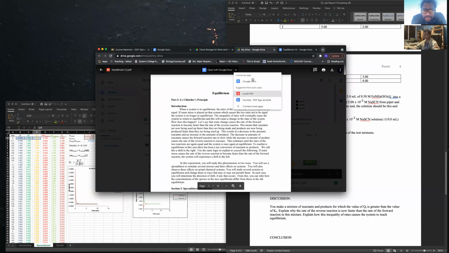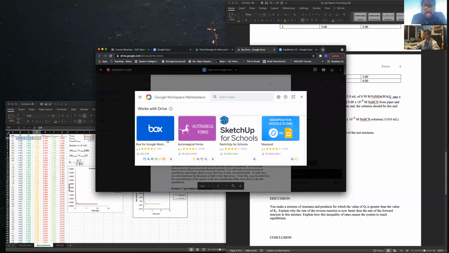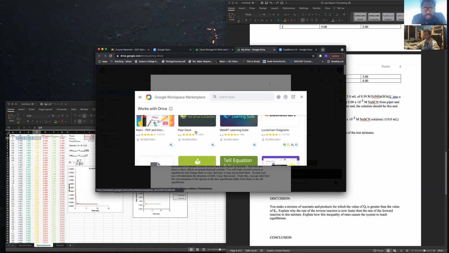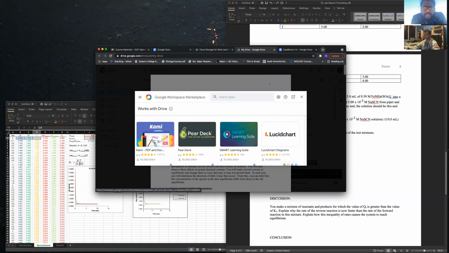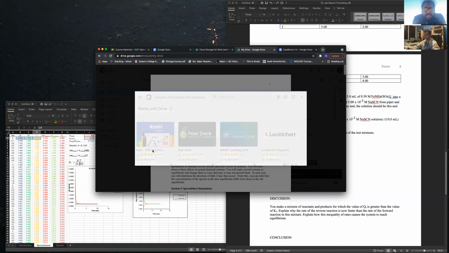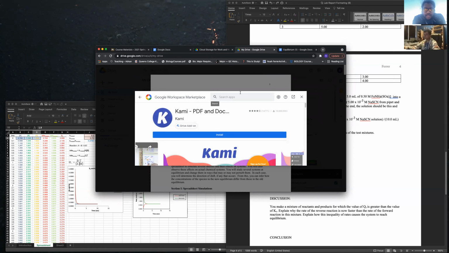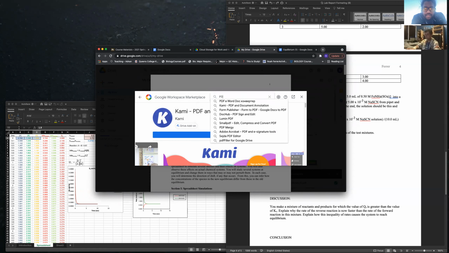Yeah, there's like connect more apps or whatever. Maybe there's something that's like a PDF converting app. Try looking for PDF convert in the search apps. I don't know if that does it, but you can look like PDF convert, like yeah, PDF converter.